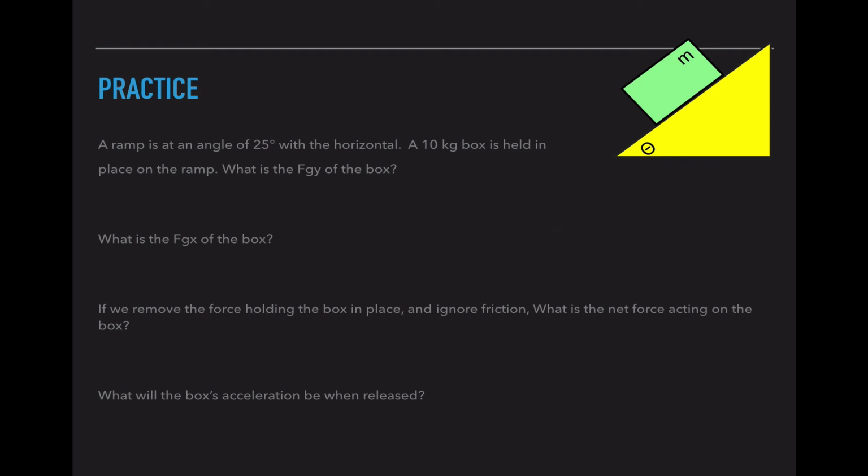One more practice problem. There's a couple questions to this problem, but we're going to work through them as we go. A ramp is at an angle of 25 degrees with the horizontal. A 10 kilogram box is held in place on the ramp. What is the FGY of the box? FGY is FG cosine theta. FG is mg, so 10 times 9.8 times cosine 25.